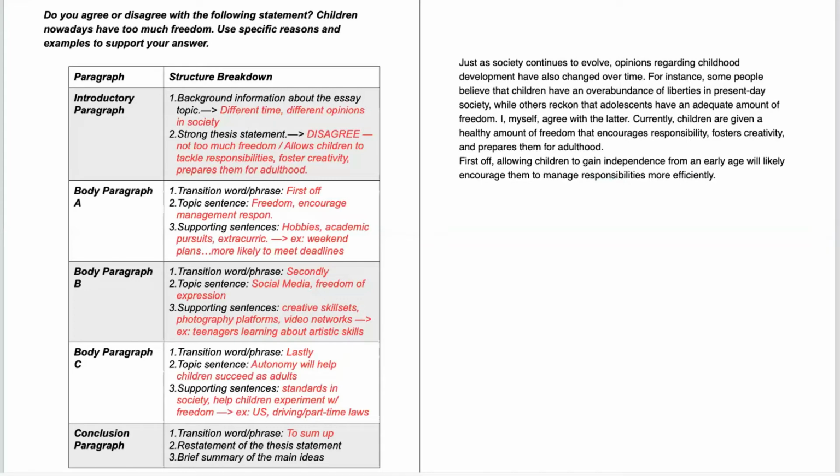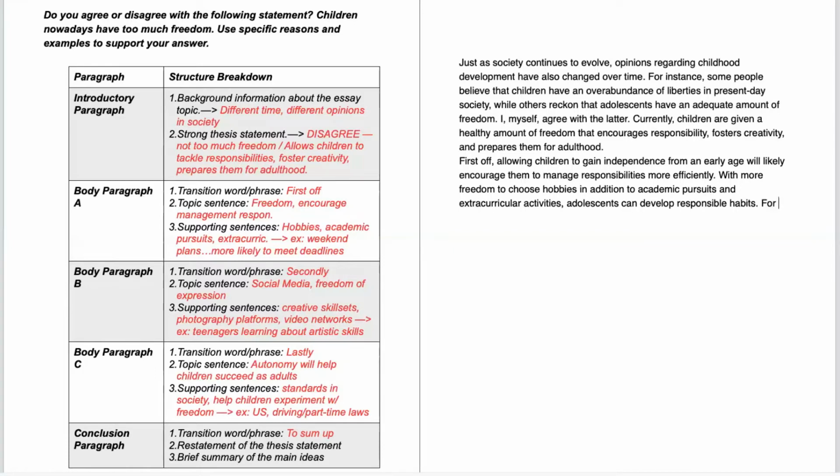So I'm going to talk about hobbies. And with that, I'll say, "With more freedom to choose hobbies, in addition to academic pursuits and extracurricular activities, adolescents can develop responsible habits." And that is my first supporting sentence.